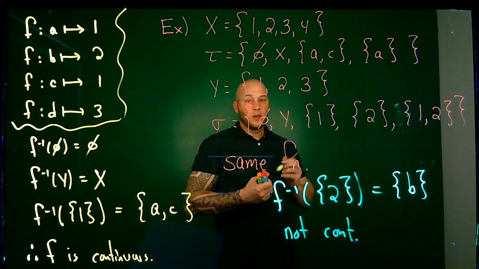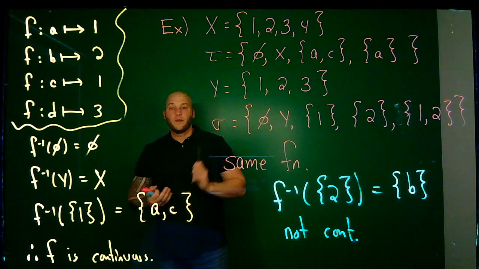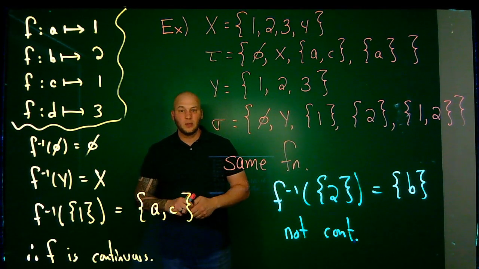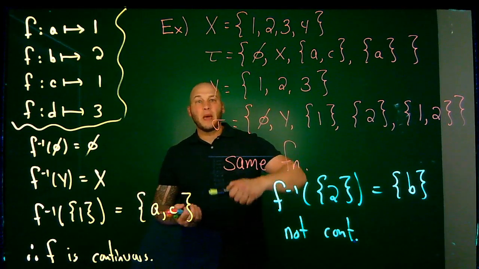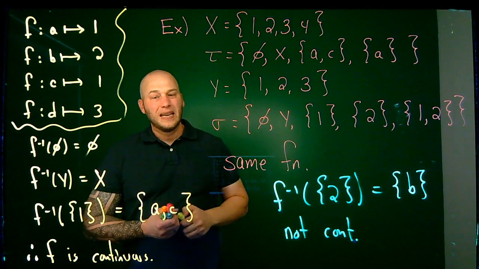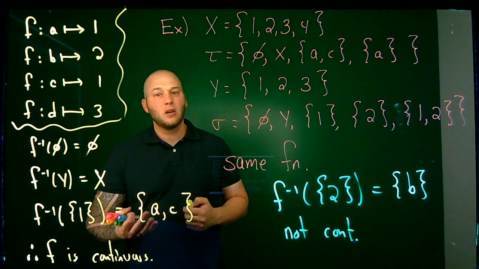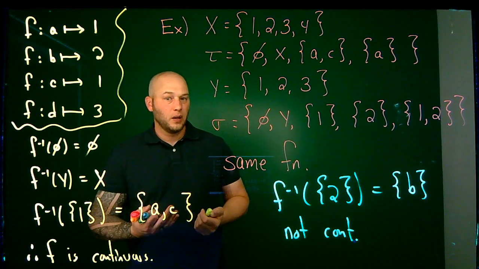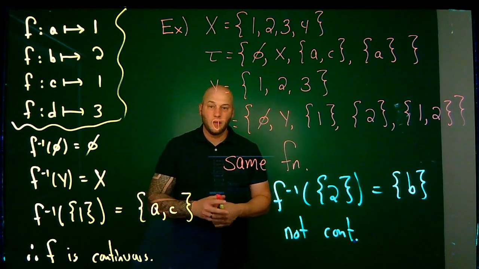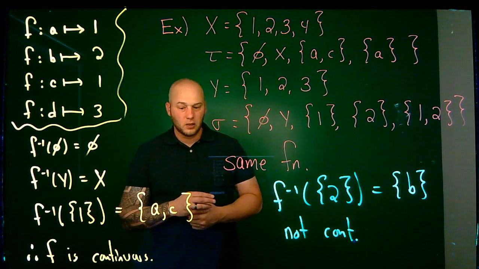Okay. So therefore, for continuity, we really have three different things that we have to take a look at. What is the function? What is the domain space topology? And what is the target space topology? Now, that's not something we ever had to consider in a calculus course, because it would be beyond the scope of the material in those courses.